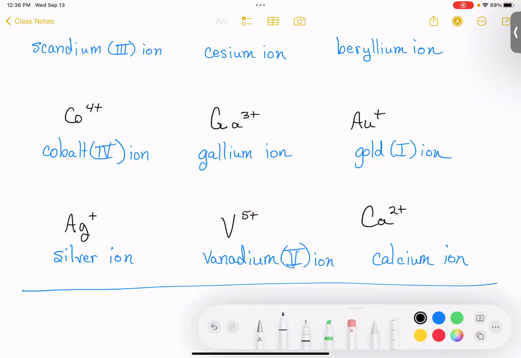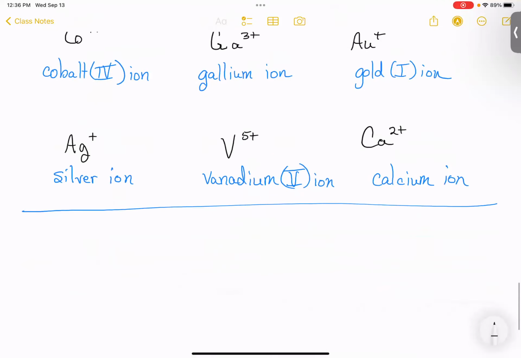Okay. So what we have done is we have talked about the metal cations. In the last couple of minutes, I want to talk about polyatomic cations.